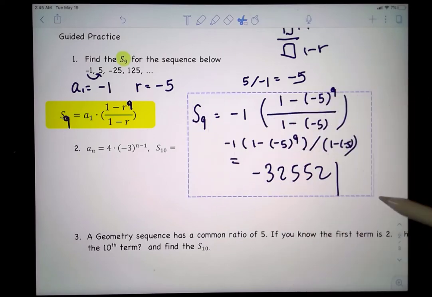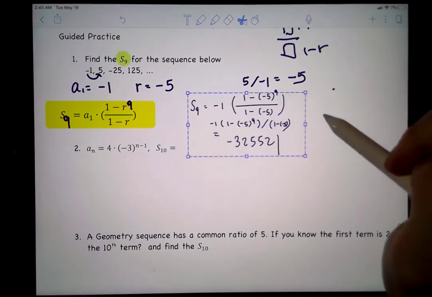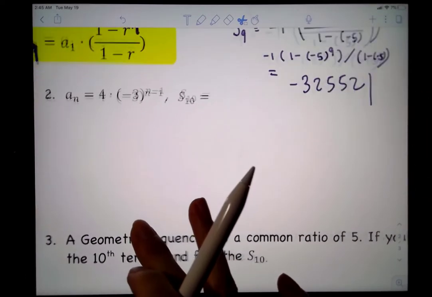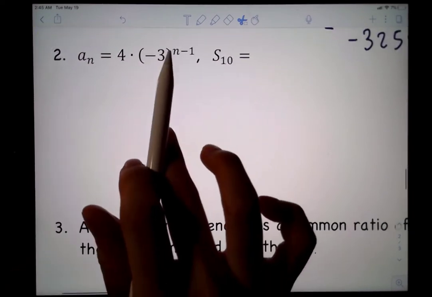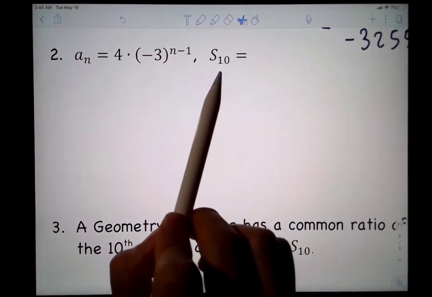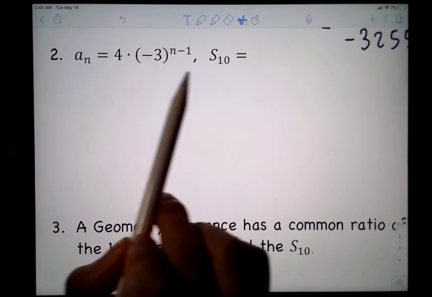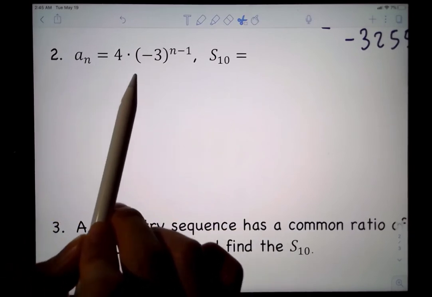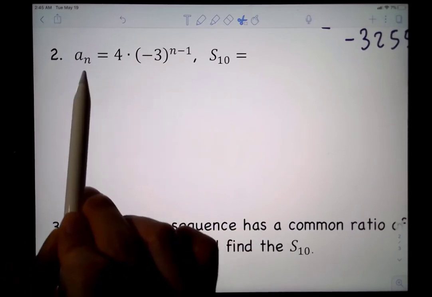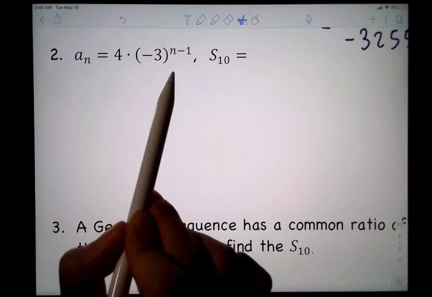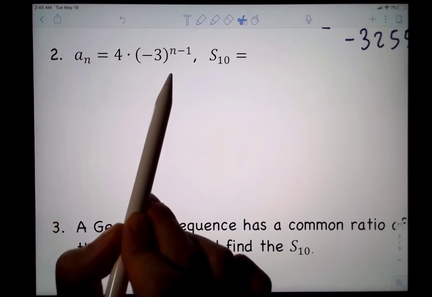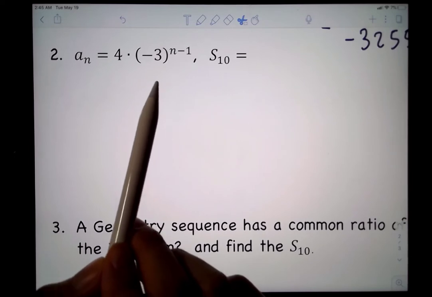And let's see, number 2. Look, what do you want to get, guys? You want to get S10, and there's no other information, but they just gave you this formula. What is this, explicit form or recursive form? That is explicit form, right?